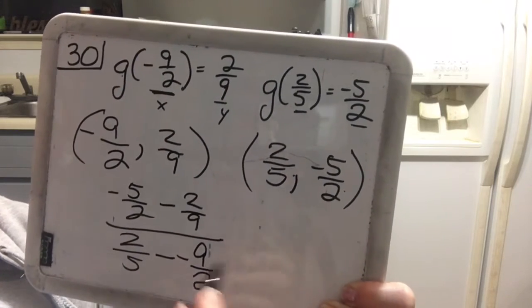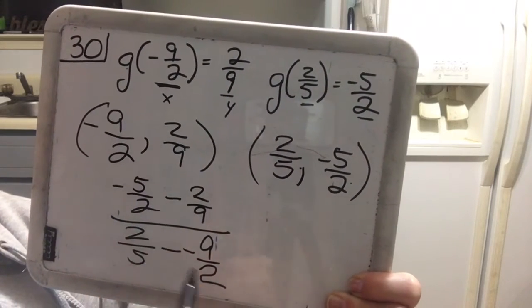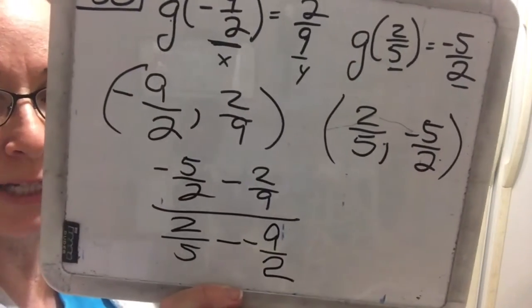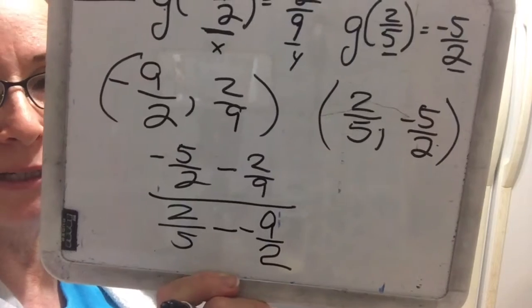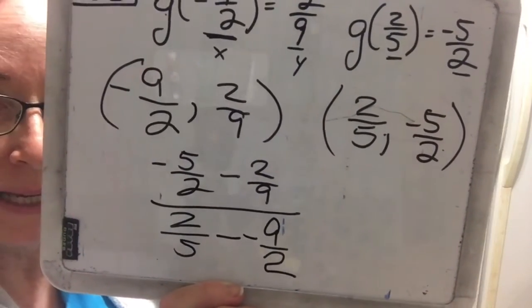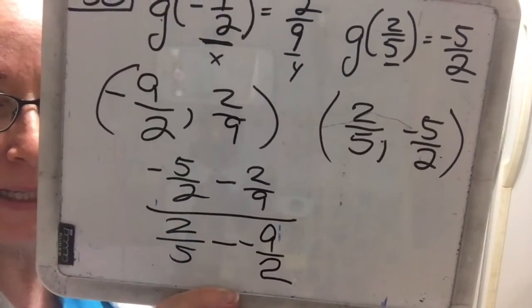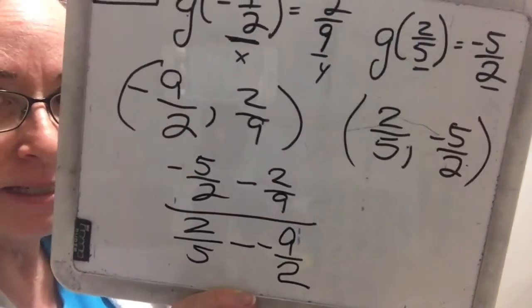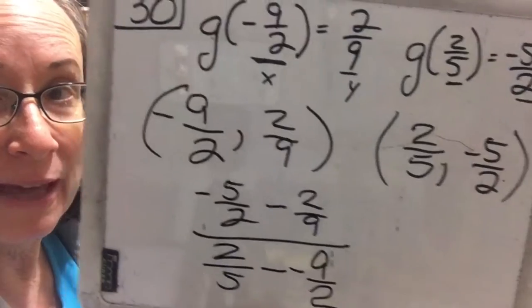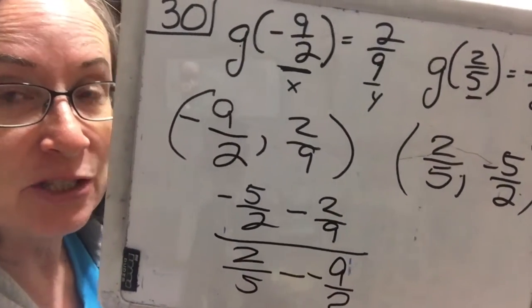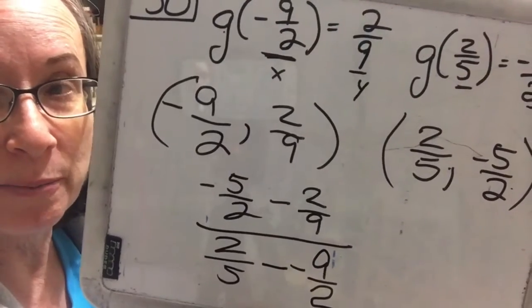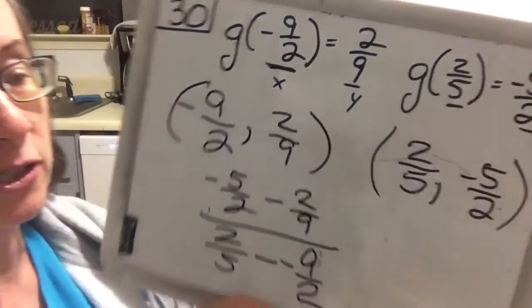Okay, so now when I subtract, notice I have all of these different fractions. This is called a complex fraction, right? Because it's got fractions within a fraction. One of the ways that you can deal with that very effectively is to multiply both the top and the bottom by the least common multiple of all of the fractions.